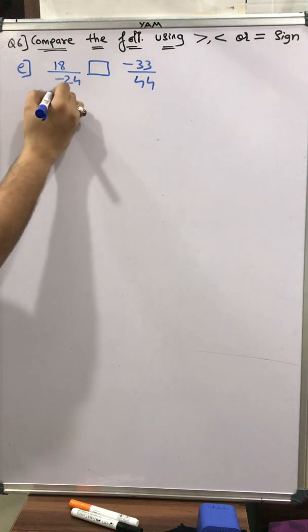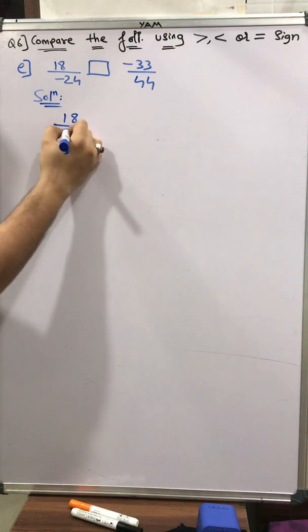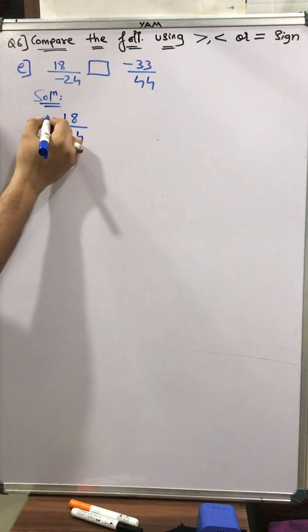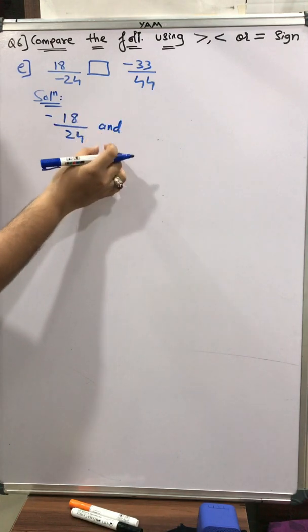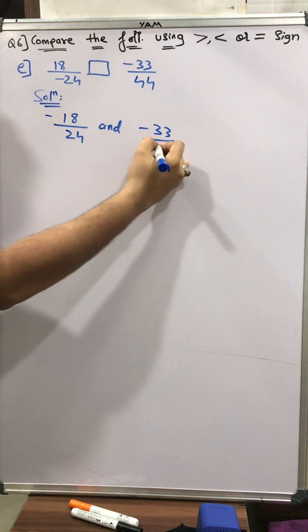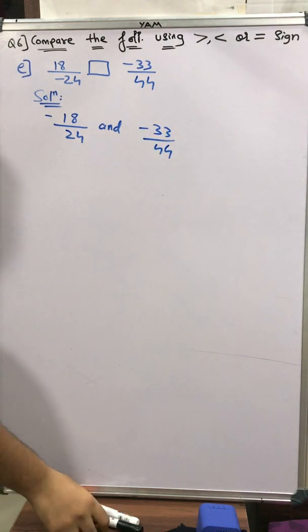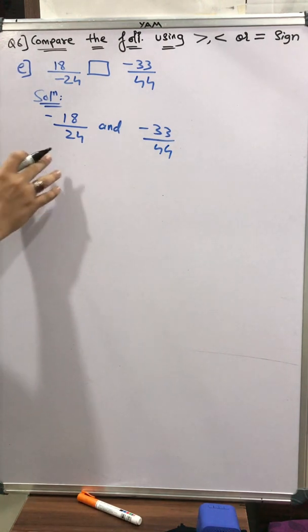I'll write 18 upon 24, the minus is in the denominator, so I'll put it in the numerator, and I'll put this sign instead of this box. Minus 33 upon 44. In the previous sum I taught you that we have to take LCM.